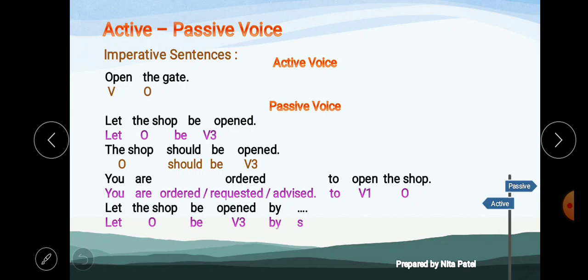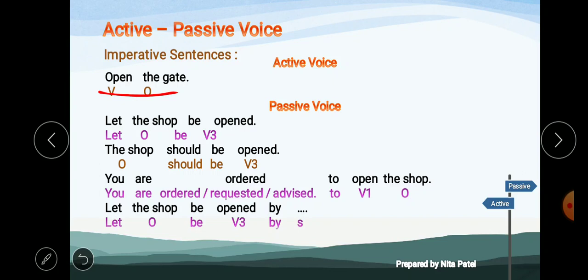Okay, so now there are totally 4 types of conversion. You can go with any of it, whatever you find best. And look at this active sentence structure. It has only these 2 things, verb and the object.